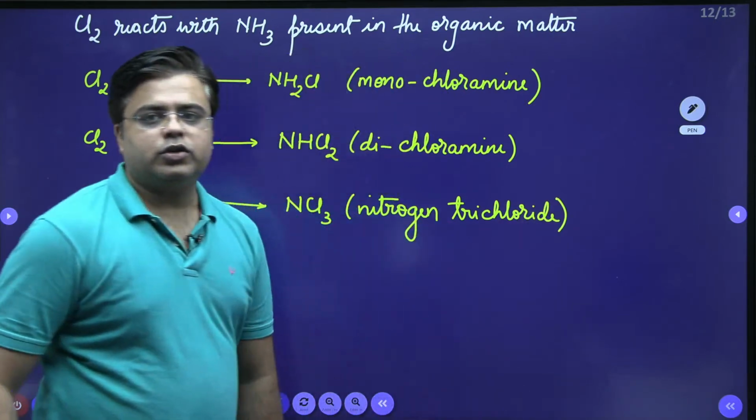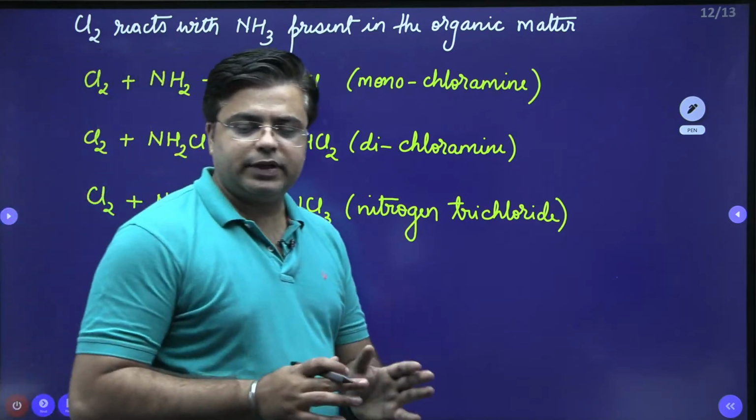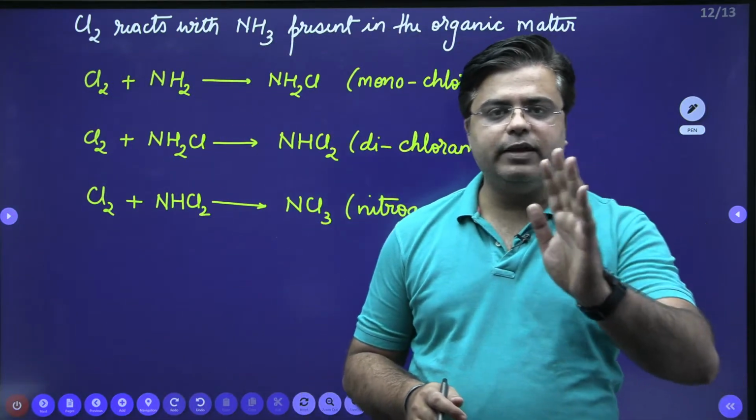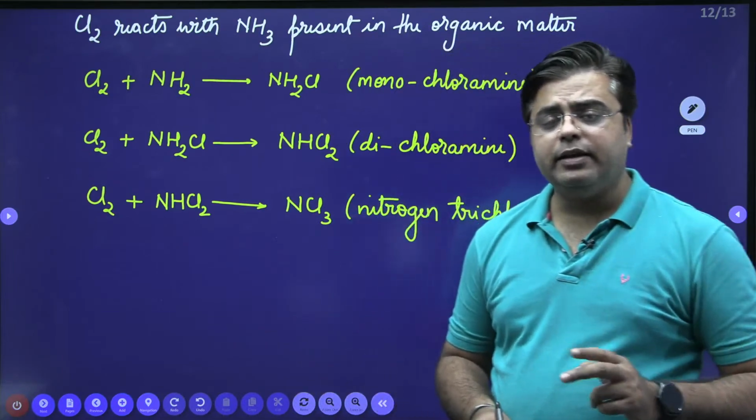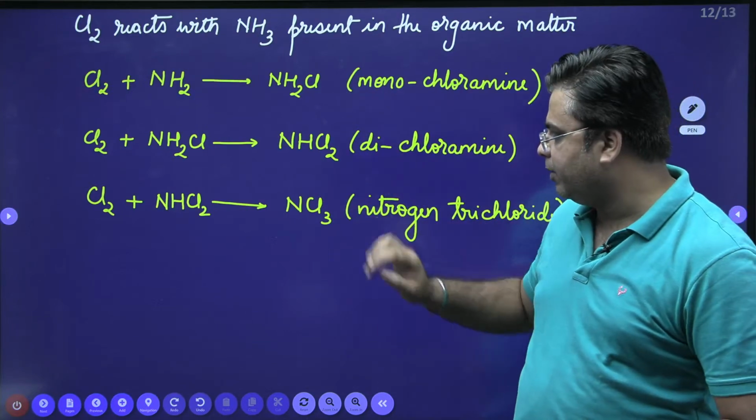Okay. So, there are two things done by chlorine. The first thing is chlorine reacts with water to form freely available forms of chlorine. Second, chlorine reacts with the ammonia present in the organic matter to form chloramines.